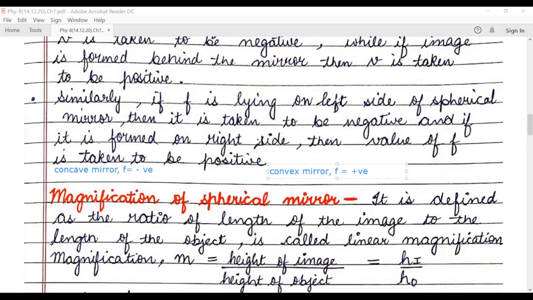So students, for concave mirror, focal length is negative, and for convex mirror, focal length is positive.